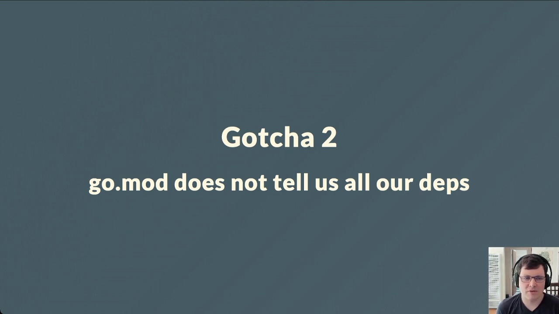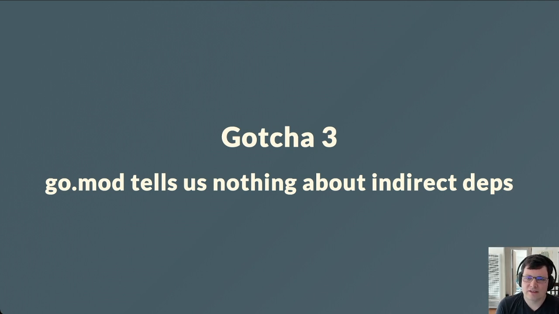There has to be a go.mod file that specifies them somewhere. So if your dependency doesn't specify them, it's going to end up in your go.mod file. But you can't rely on that. If you import a dependency that has a go.mod file, its dependencies are not going to show up there. So a go.mod file is not a snapshot of all the dependencies of your application.